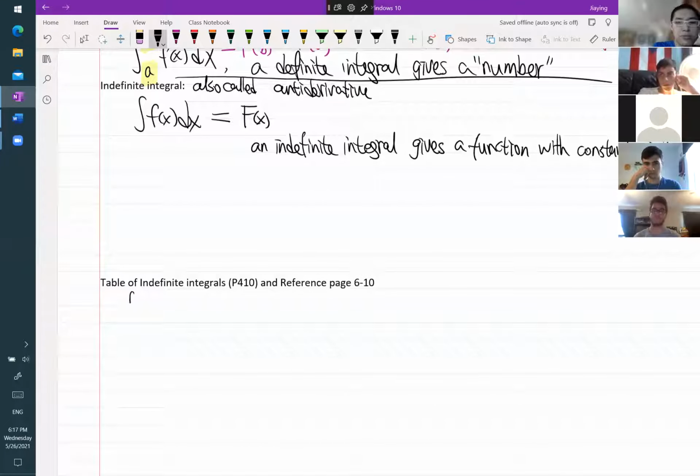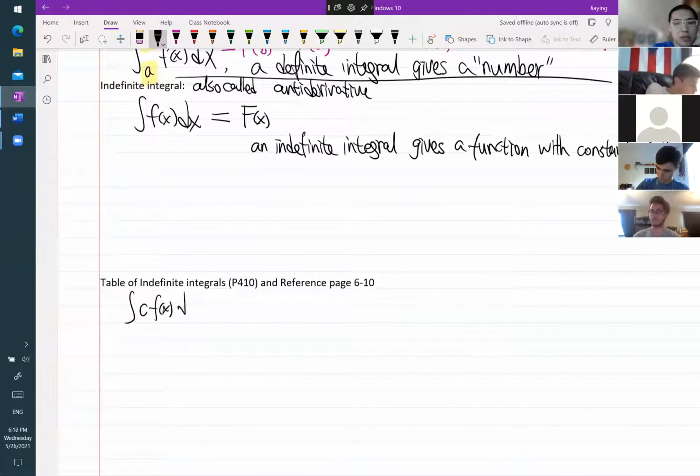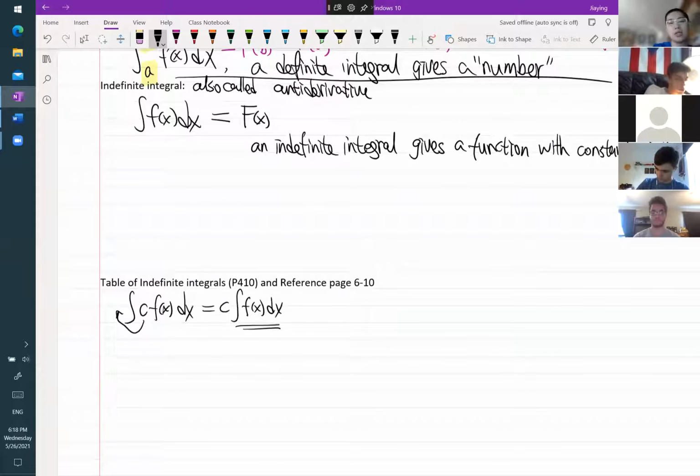If we integrate a constant times a function with respect to x, you remember that we can pull out the constant and then just integrate the function with respect to x. That will give us some function, right?